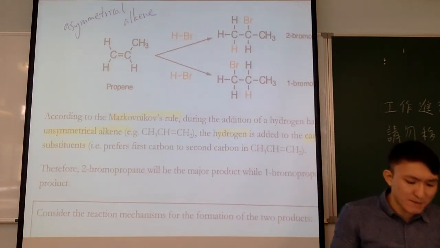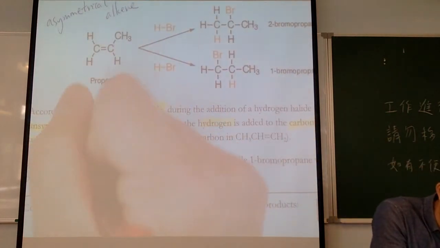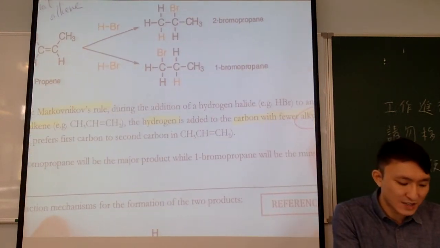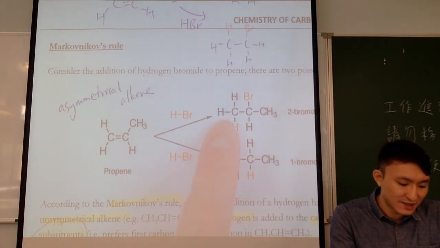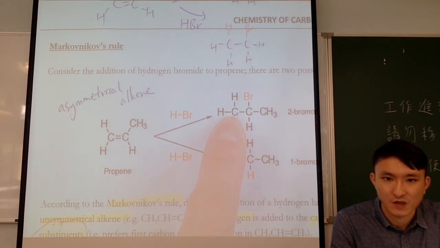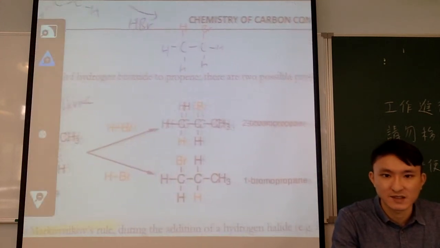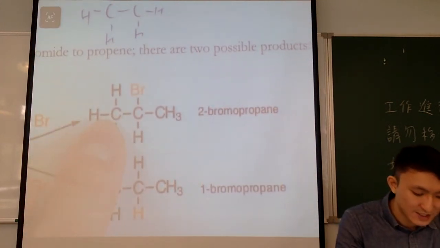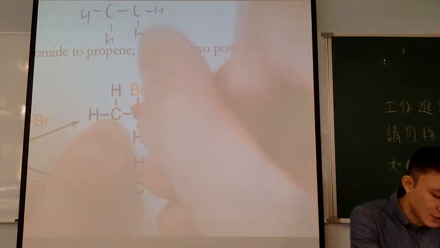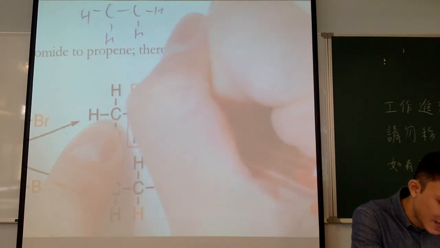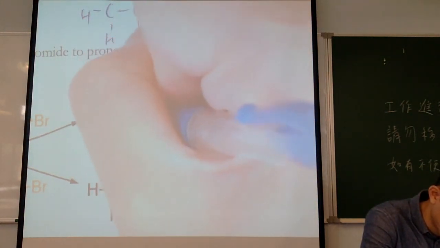So, what do you mean by fewer alkyl substituents? So here, let me circle with a red ball pen. Now, let's look at these two. Now, let's look at the carbon to which the hydrogen is attached. If you focus on this carbon, how many alkyl substituents does it attach to? There is altogether 1 alkyl substituent connected to this carbon, right?